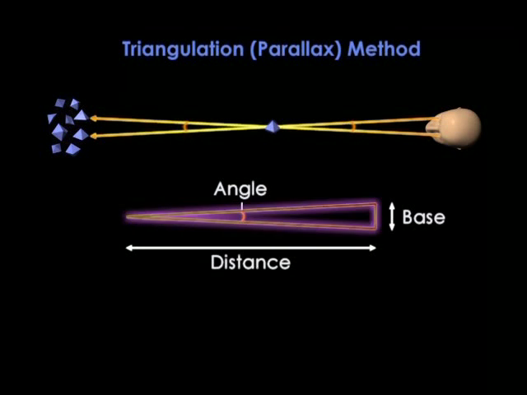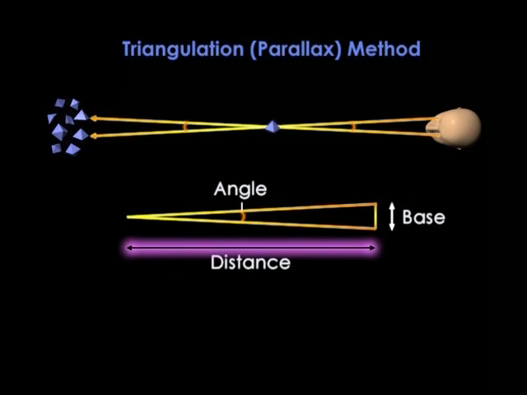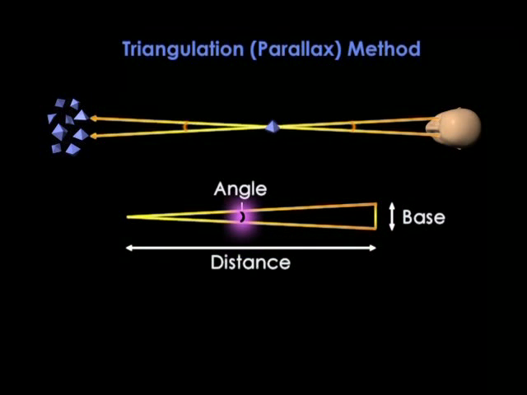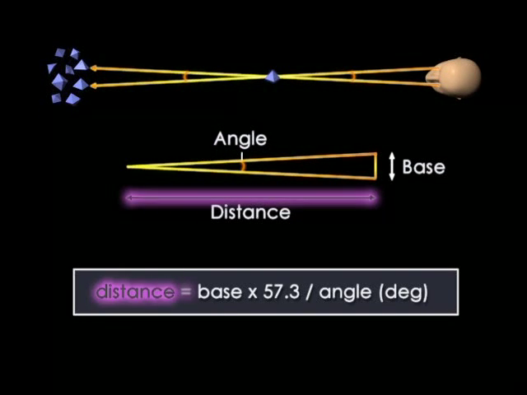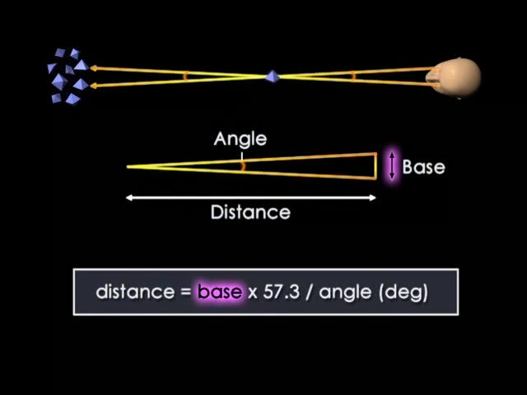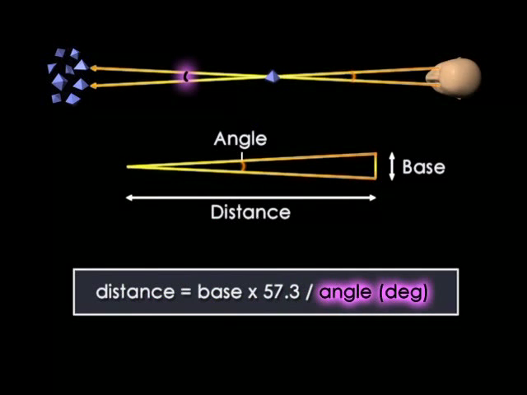You can see that we have a long, skinny triangle with a base, a distance, and a little angle. And as you may recall from high school geometry, knowing any 2 of these gives you the third. So, for a skinny triangle, we have distance equals base length times 57.3 over the apex angle measured in degrees.